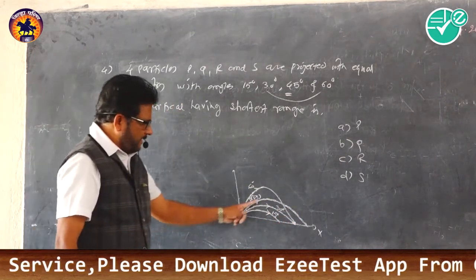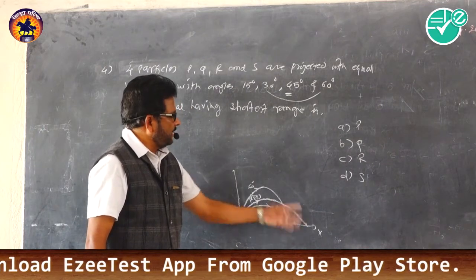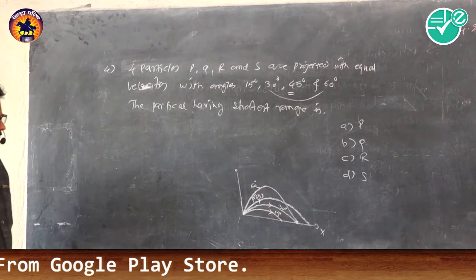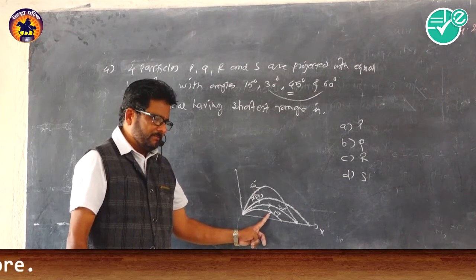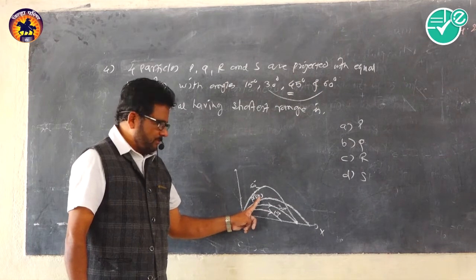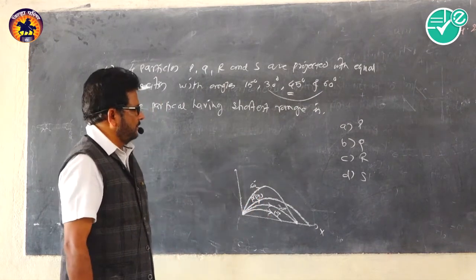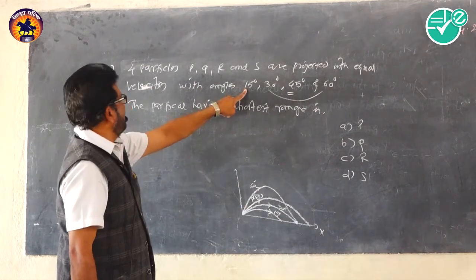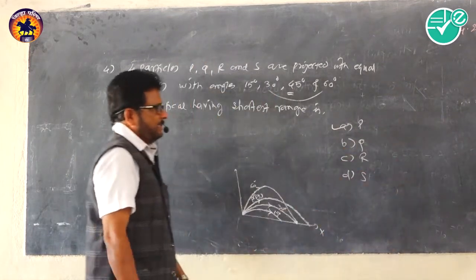This is the maximum range for the particle with 45 degree. From this diagram, it is clear that the particle having the least angle of projection below 45 has the shortest range, and therefore the shortest range is for the particle having 15 degree angle of projection, that is particle P. So option A is correct.